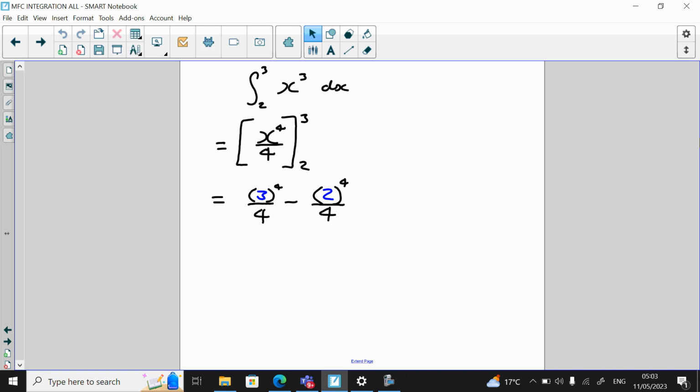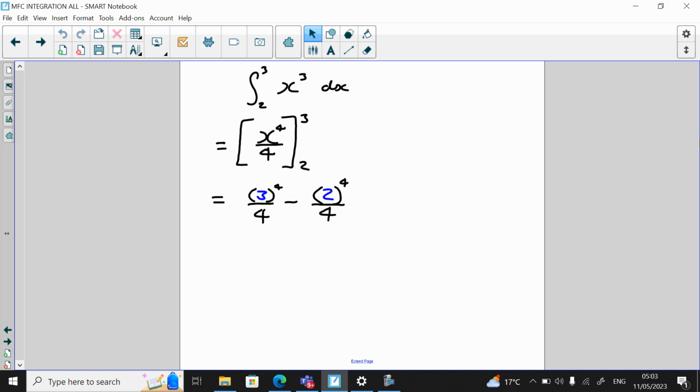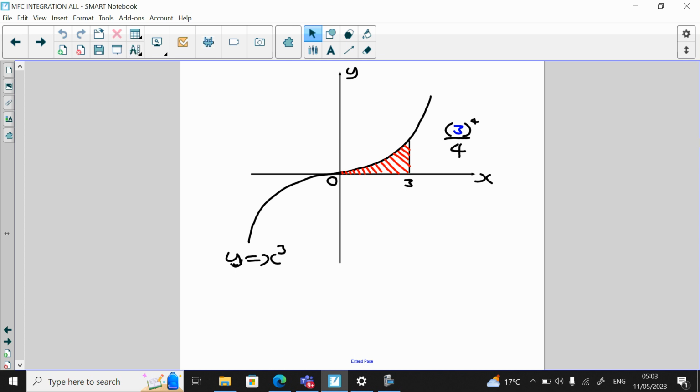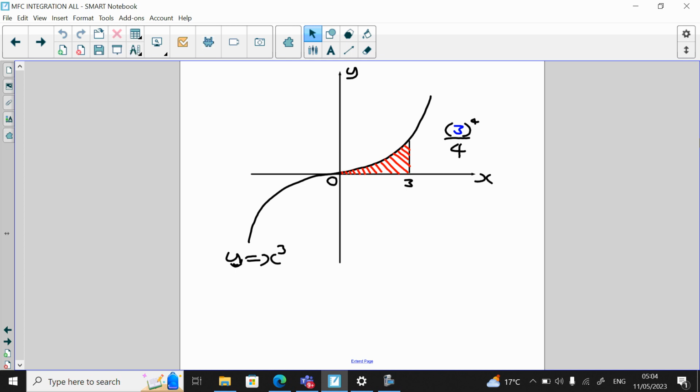We can now evaluate here, but I might just go back. The first one, on the left, 3 to the power 4 over 4, is actually the area under the curve and above the x-axis from 0 to 3. The second one, 2 to the 4 over 4, is actually 0 to 2 under the curve.